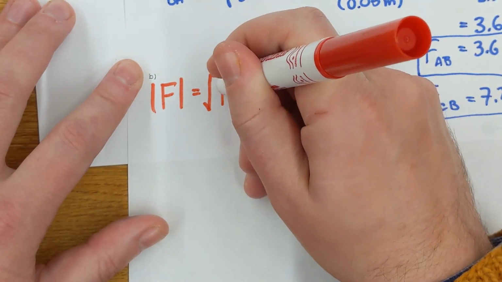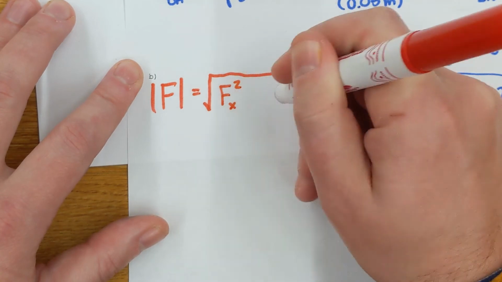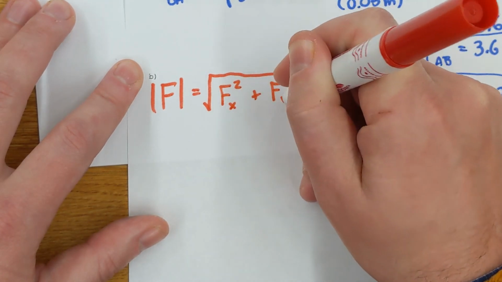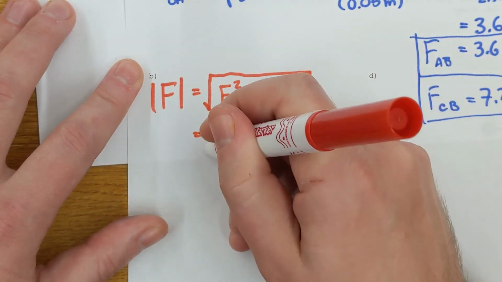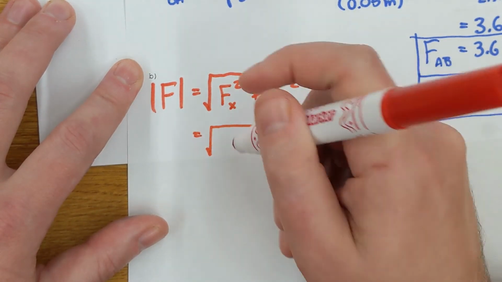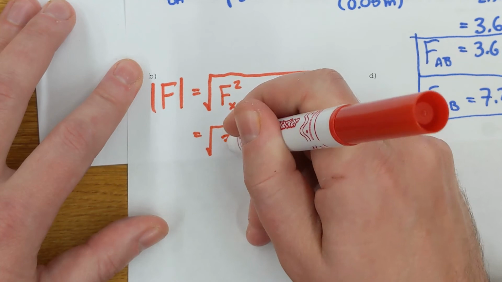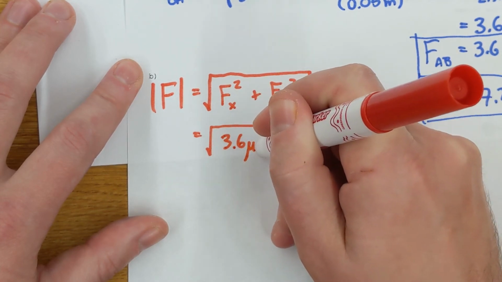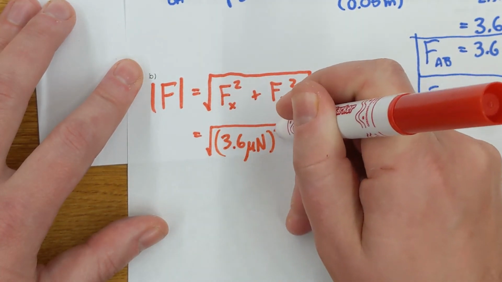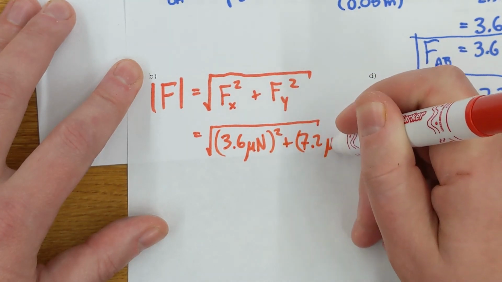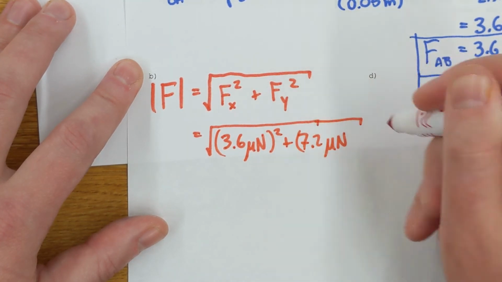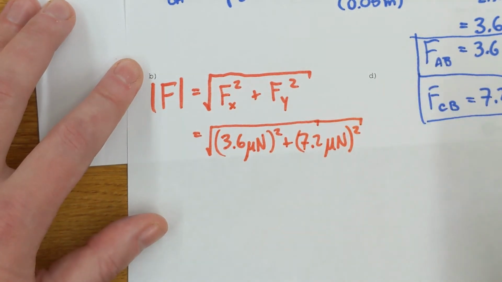So that's F in the x direction squared plus F in the y direction squared, all under the square root. So that is the square root of 3.6 micronewtons squared plus 7.2 micronewtons squared, and you can work out what that works out to.